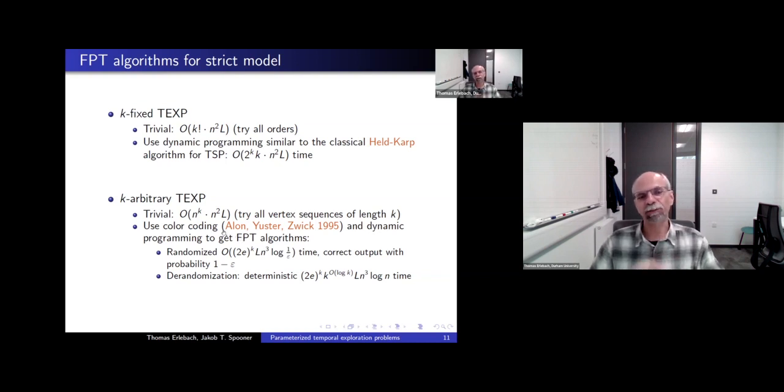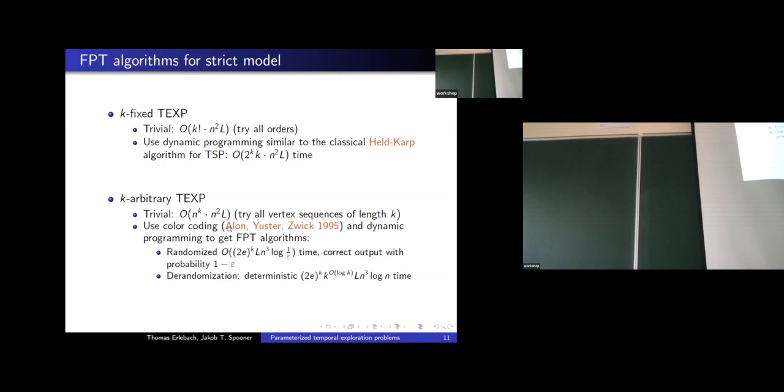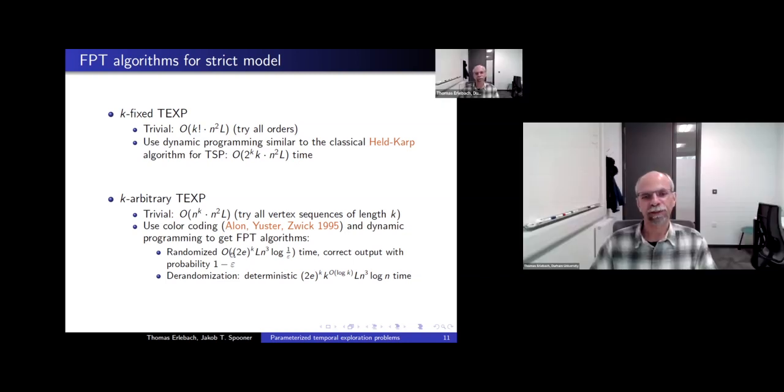So you basically randomly color the vertices with k colors, and then use dynamic programming to check whether you can visit k vertices of different color within the lifetime of the graph. And as always with color coding, you get randomized FPT algorithms that have an error probability of epsilon, but you can de-randomize it using k-perfect families of hash functions, and then you get a deterministic FPT algorithm.